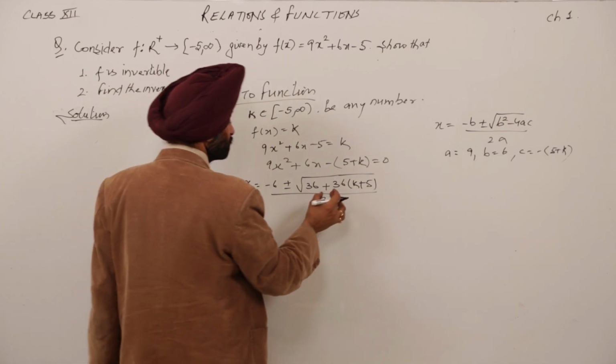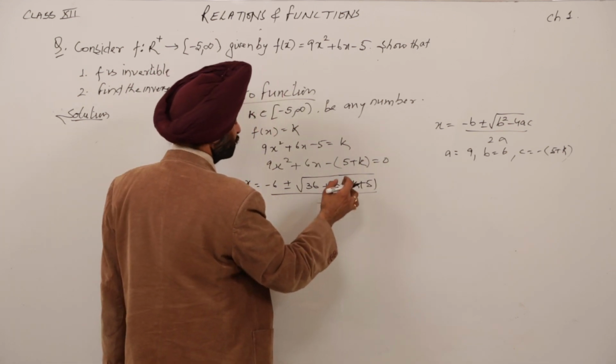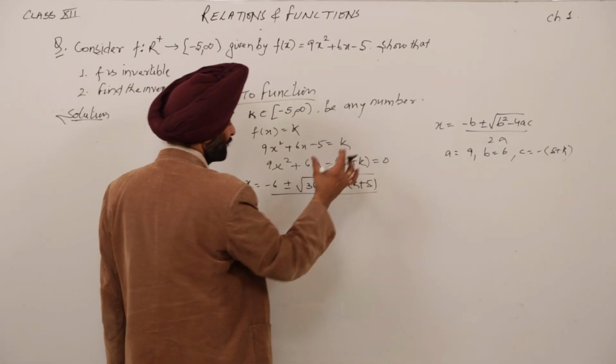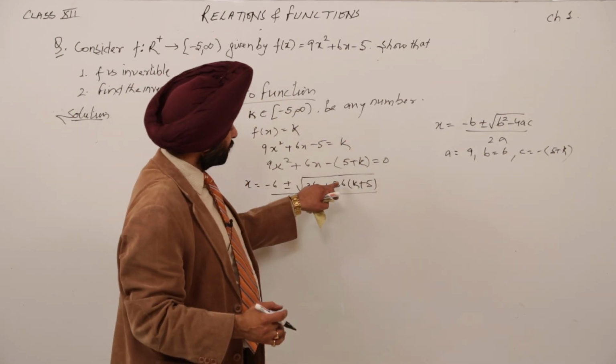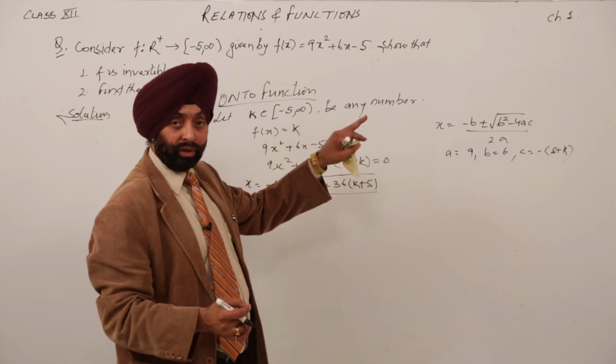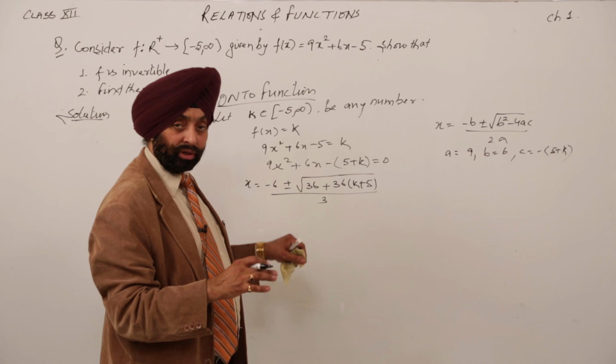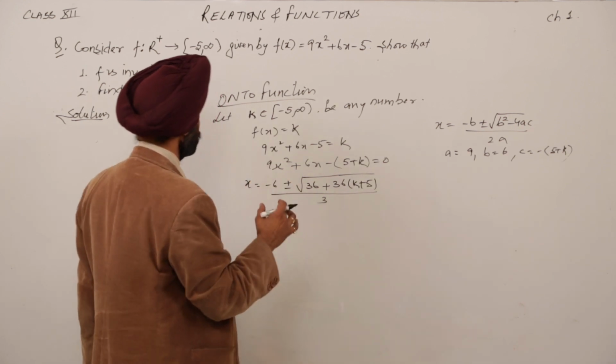Why I wrote 36, that is 4ac. Now 4 into 9 is 36 and c I have kept as it is, because instead of multiplying this, that 36k plus 180, I can just take 36 common inside the square root and then take 6 outside the square root.